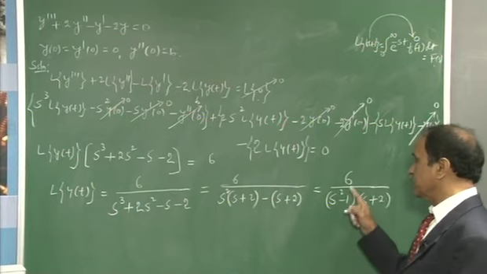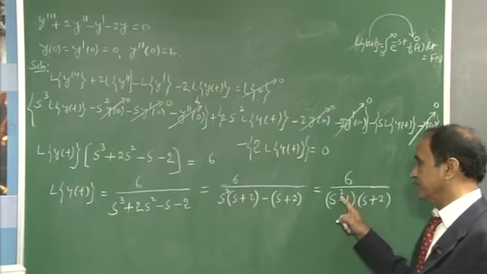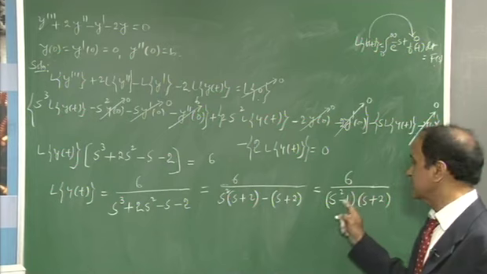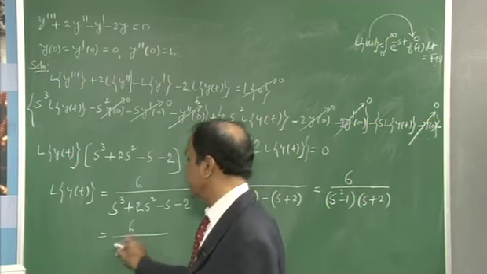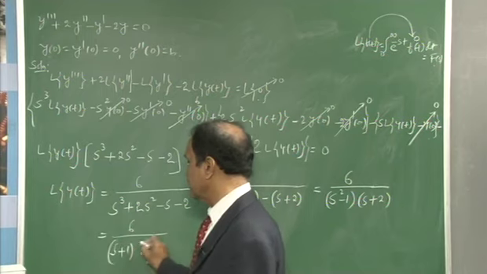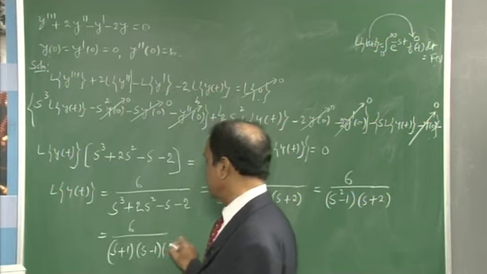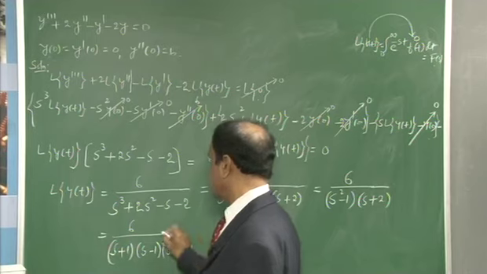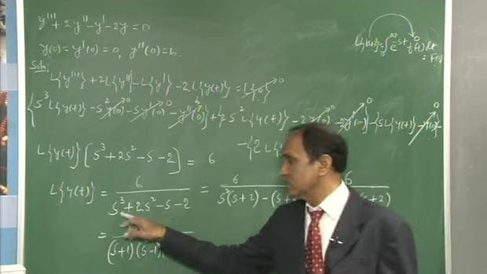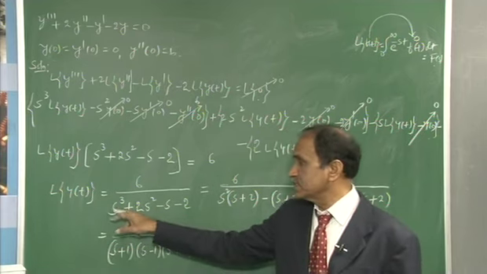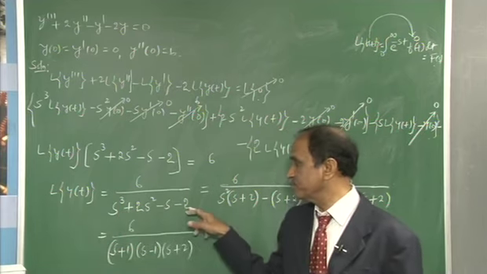Next, this is a second degree again, so it has to be converted to first degree factors. It is possible: 6 divided by s plus 1 into s minus 1 into s plus 2. What is the highest degree you find in the expanded form? That is s cube plus 2s square minus s minus 2.